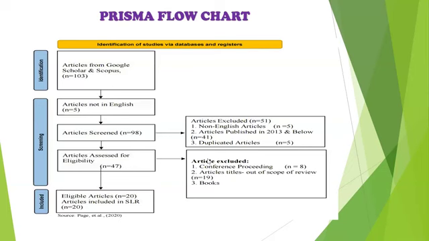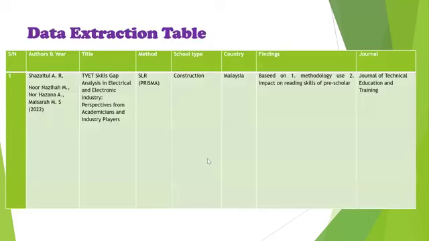So all these are part of what you are going to exclude. Then, if you look at the other excluded box, conference proceedings were excluded and articles out of scope are also excluded. So finally, you now have the last one, the included one that you include in the paper.